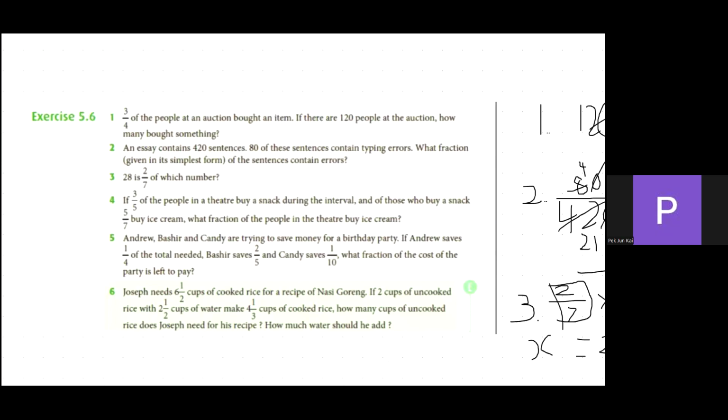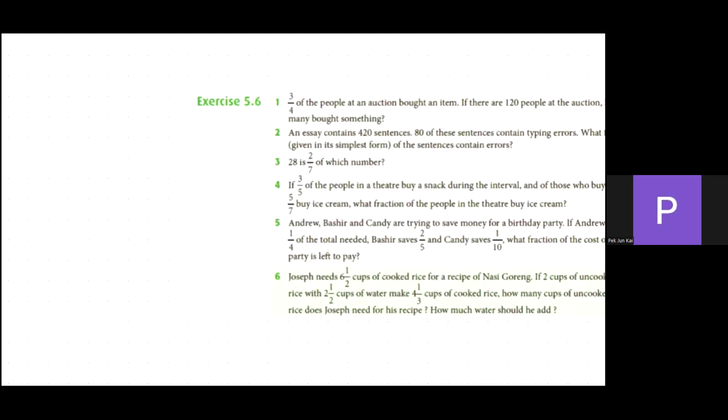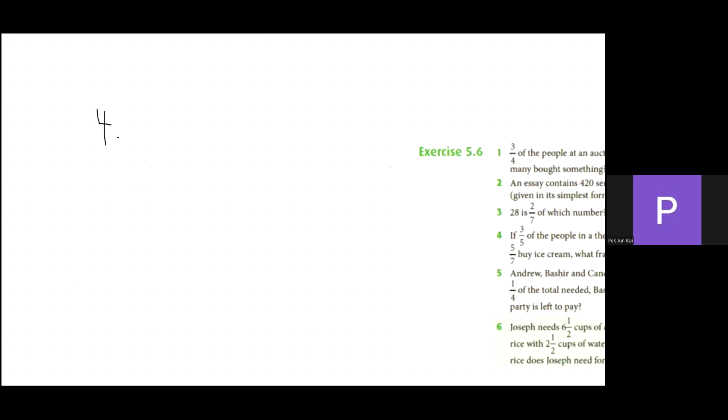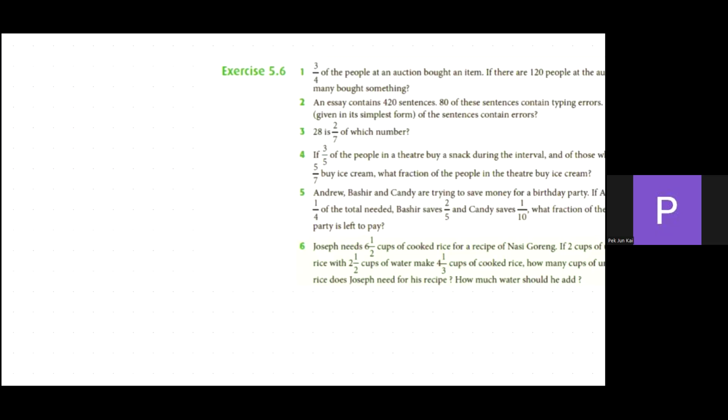So next, if 3/5 of the people in the theater buy a snack during the interval, and of those who buy a snack, 5/7 buy ice cream, what fraction of people in the theater bought ice cream? So question number 4. If 3/5 of the people in the theater buy a snack during the interval, and of those inside the 3/5 people, there are 5/7 people who bought ice cream.